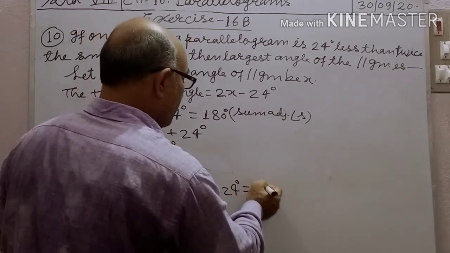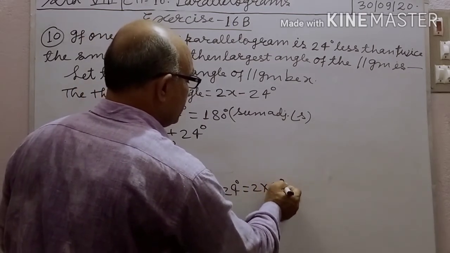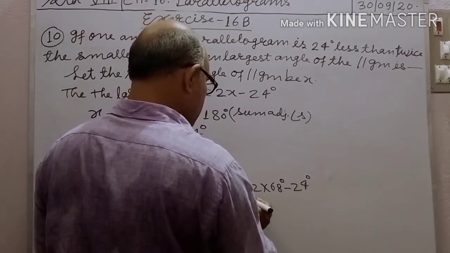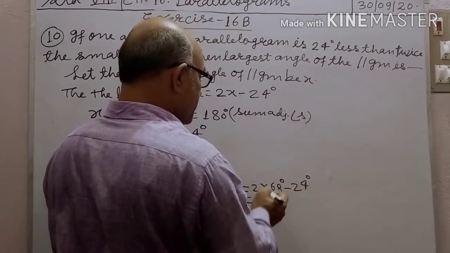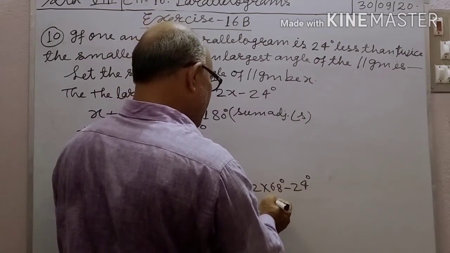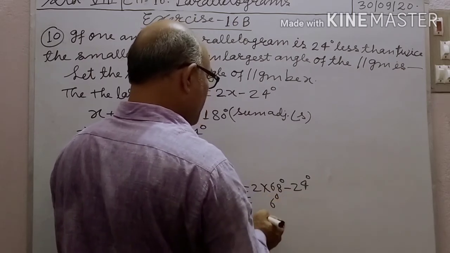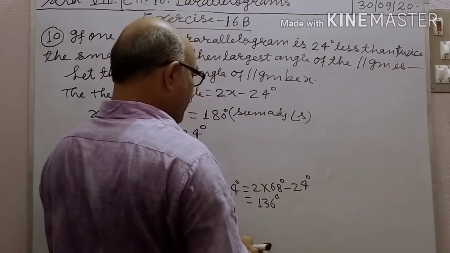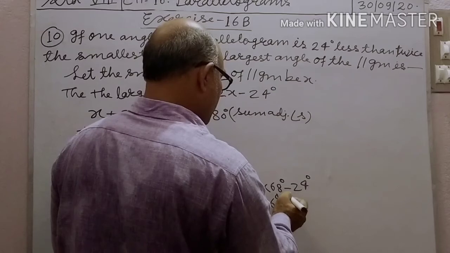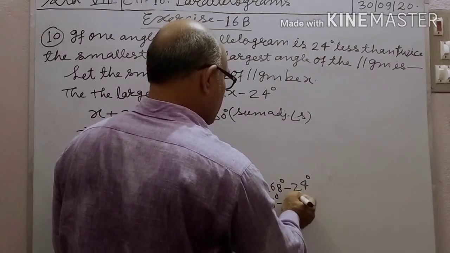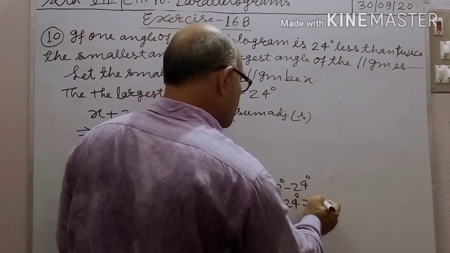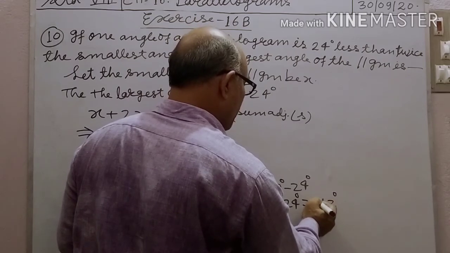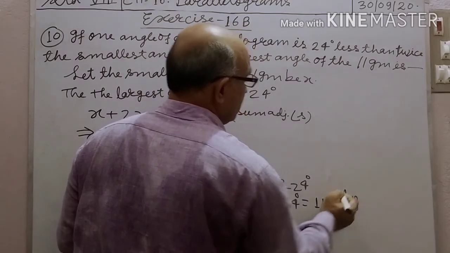So 2 into 68 degree minus 24 degree equal to 136 degree minus 24 degree equal to 112 degree. Answer of this question.